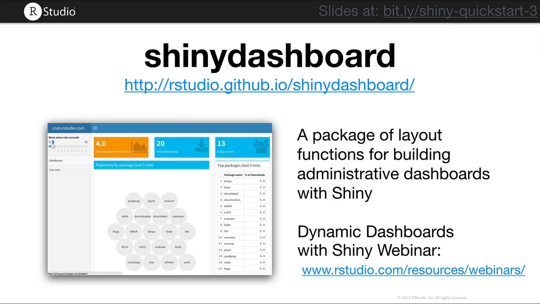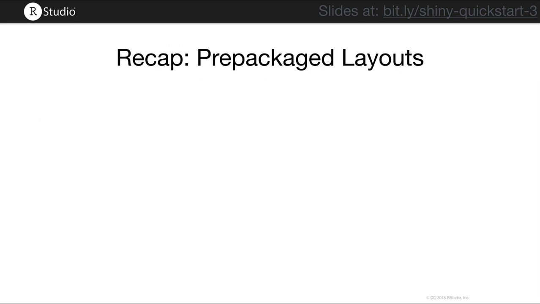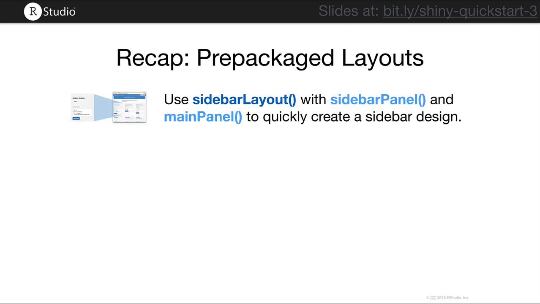You could take a tutorial about shinydashboard at the link at the top of the page here, and then Winston Chang, the author of shinydashboard and the maintainer of Shiny, filmed his own webcast about the shinydashboard package just last month. So you could check that webcast out at the link below, and it's titled Dynamic Dashboards with Shiny, the webinar.